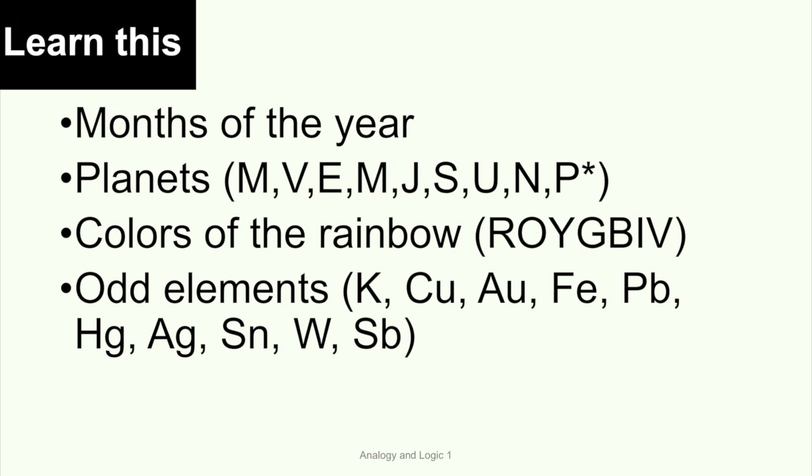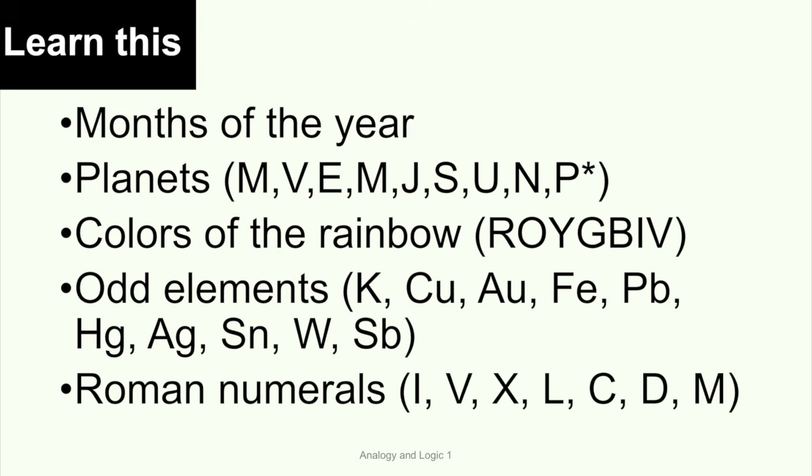Have potassium, copper, gold, iron, lead, mercury, silver, tin, tungsten, and antimony. Diba? Medyo weird kasi malayo yung letra nung spelling ng element kaysa doon sa kanilang symbol. So those are the things that you have to be familiar with. Okay? I'm not telling you to memorize the entire periodic table, ha? Just be familiar with the odd elements kasi the rest you can guess naman.